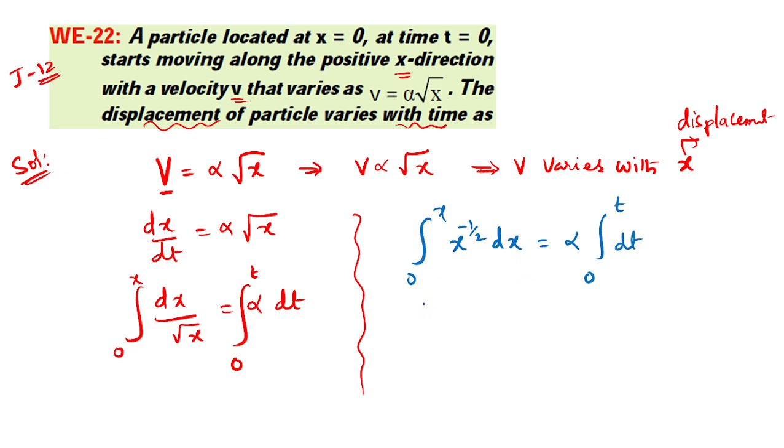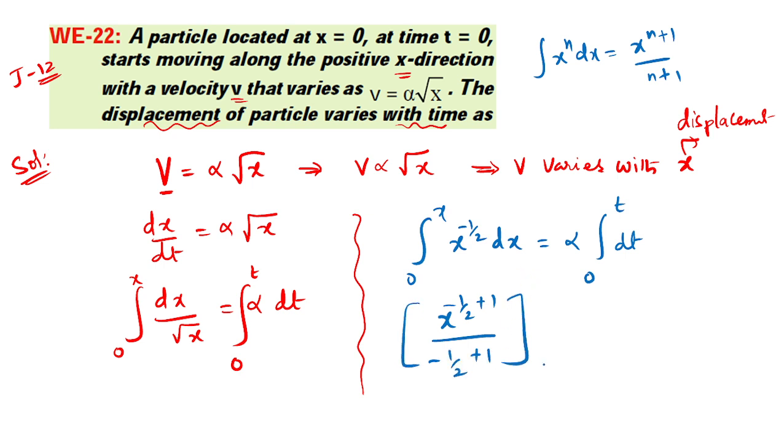There are certain formulas. Integration of x power n dx will be x power n plus 1 divided by n plus 1. Can I do it like that? So it will become x power minus 1 by 2 plus 1 divided by minus 1 by 2 plus 1, applying the limits from 0 to x.